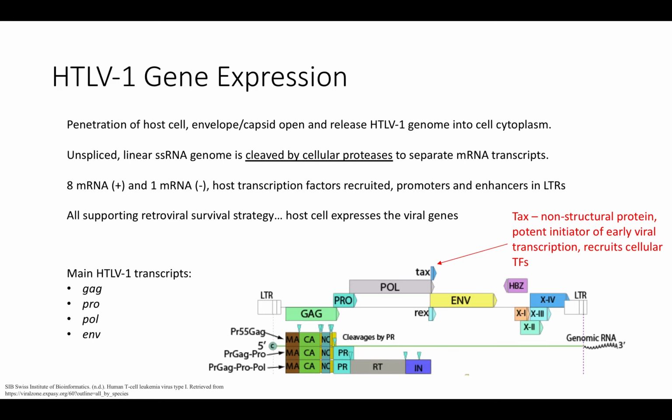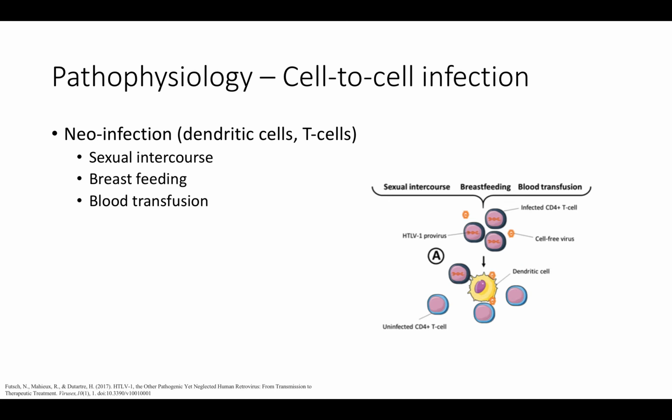There are 8 in the plus sense and 1 in the negative sense, the minus sense. But at the end of the day, what makes HTLV1 unique is, again, the retroviral strategy that it incorporates into the host cell genome and the host cell expresses the viral genes. And so now I want to switch gears to talk about the pathophysiology of HTLV1.